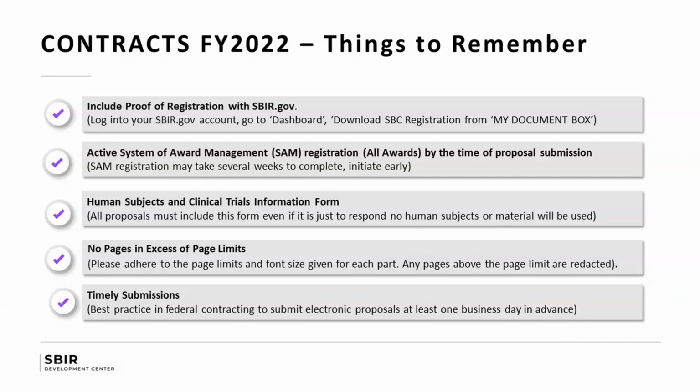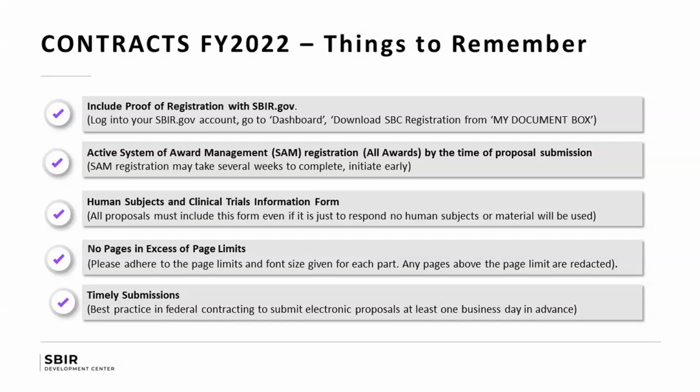The most forgotten ones are your proof of registration with sbir.gov as well as sam.gov. You will need to have an active System for Award Management, or SAM, registration for all the awards by the time of proposal submission. This registration takes several weeks, so start early on this one.